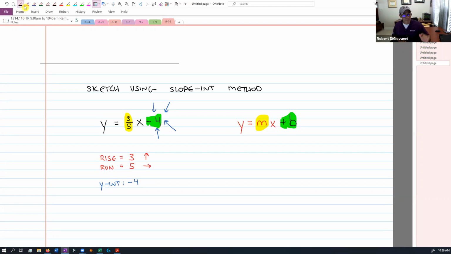That's it. Once I have that information, I can graph it because we're going to start with the only point that we know, which is that y-intercept. And it was at -4. So I'm just going to go down 4. 1, 2, 3, 4. There's -4. And I'm going to put a dot here. That point is on my graph because it's a y-intercept.